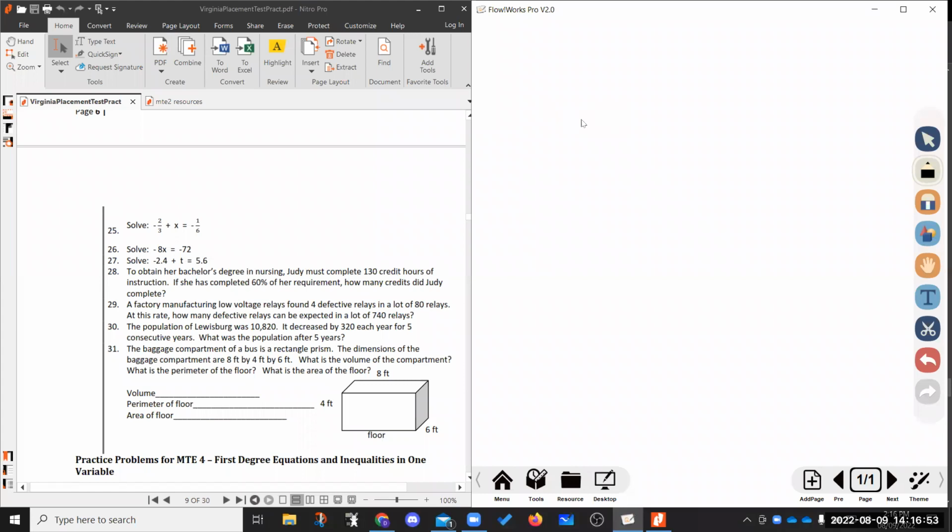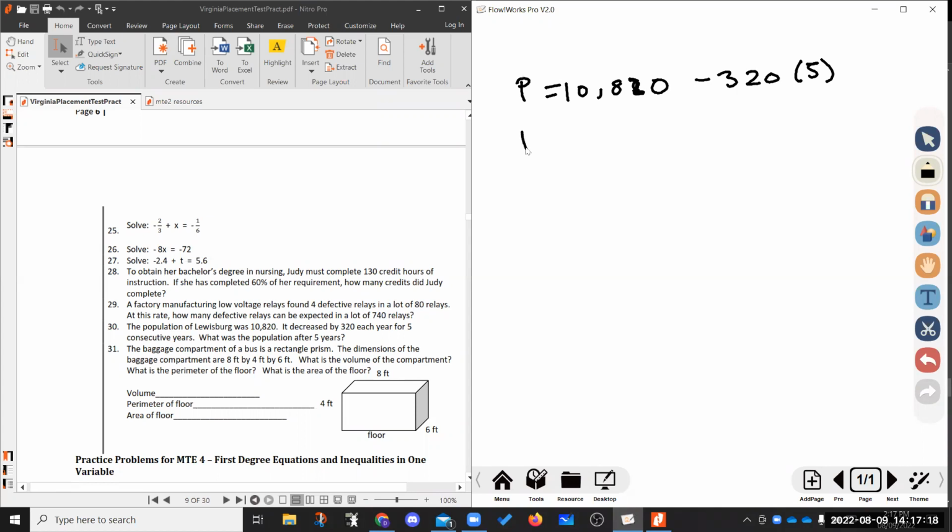The population of Lewisburg was 10,820. It decreased by 320 each year for 5 years. What is the population after 5 years?